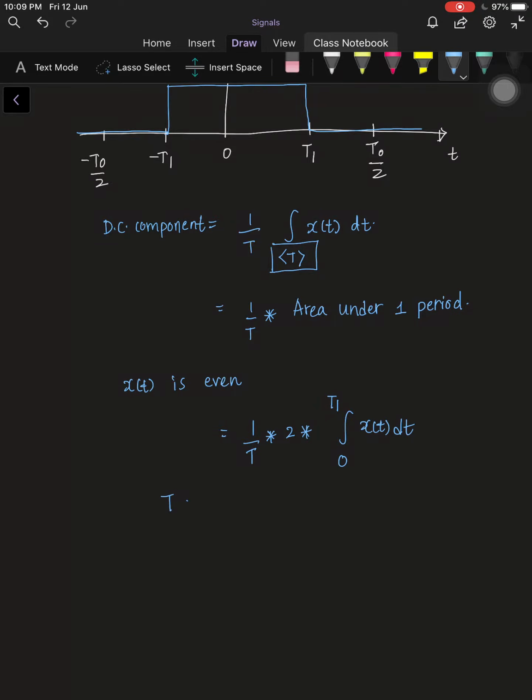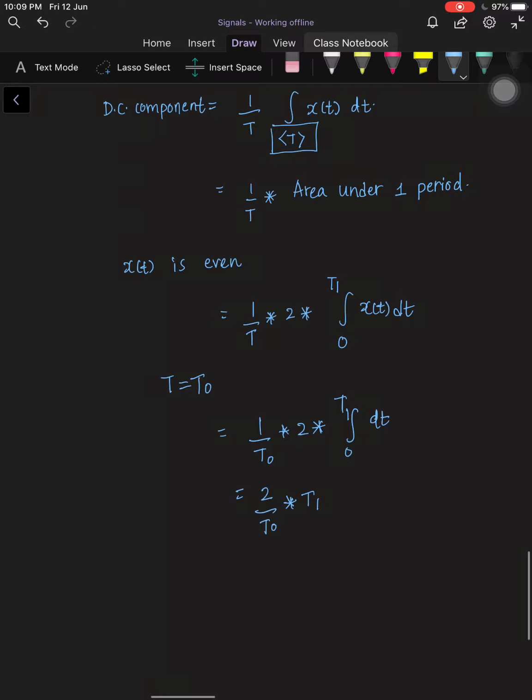And we know that T is equal to T naught, that is given in the question, so the integral of dt from 0 to t1 turns out to be 2 by T naught into t1. This is the DC component.